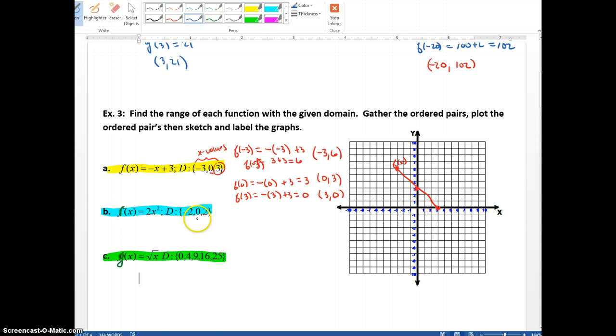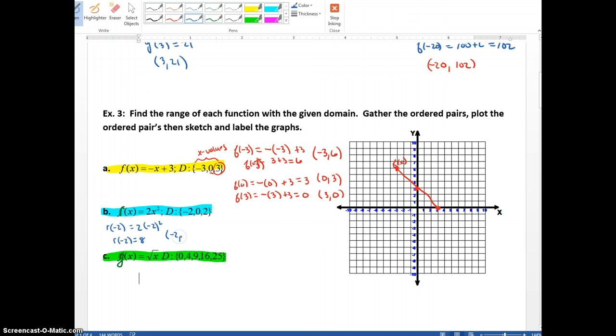So I'm going to evaluate r of x when x is negative 2, 0, and 2. So the first one, r of negative 2 equals 2 times negative 2 squared. So r of negative 2 is going to be negative 2 squared is 4 times 2 is 8. What's my ordered pair here?